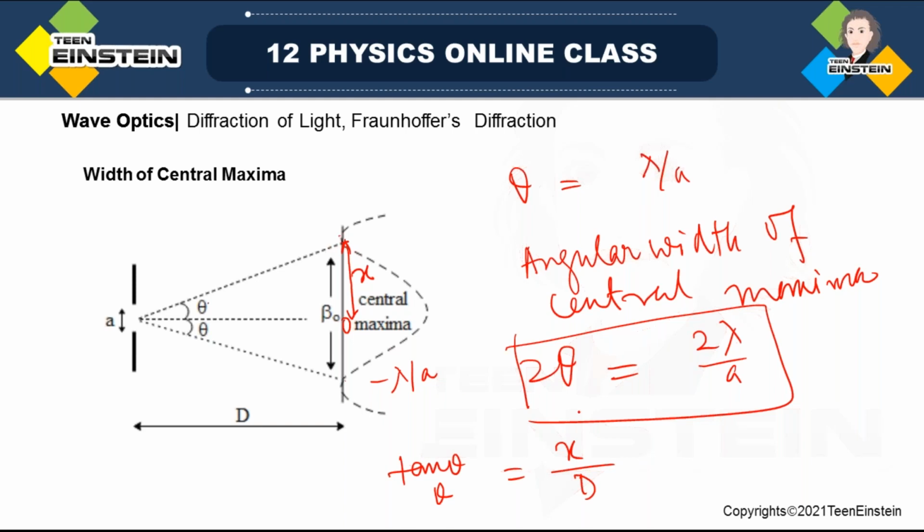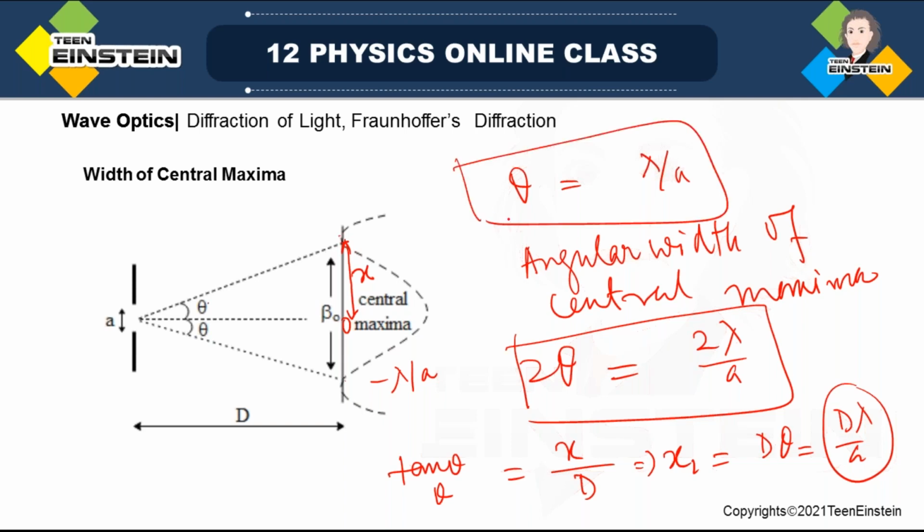So for the first minima, x1 is equal to d into theta. Theta was lambda by a, so you get d lambda by a. This is the linear position, and the other is the angular position, the angular width.